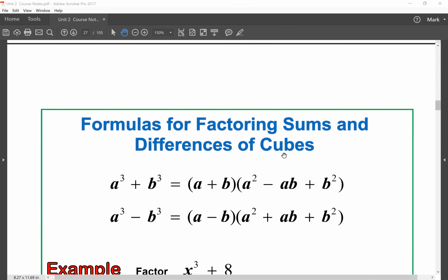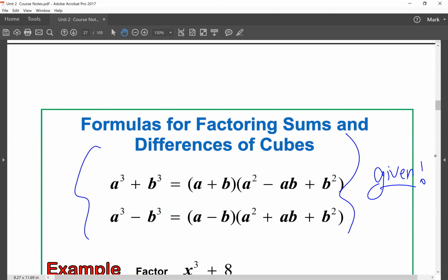Sorry, I was trying to talk and read something else at the same time. These formulas are given. I'll show you what these formulas mean in a minute, but you do not have to memorize any formulas for math.